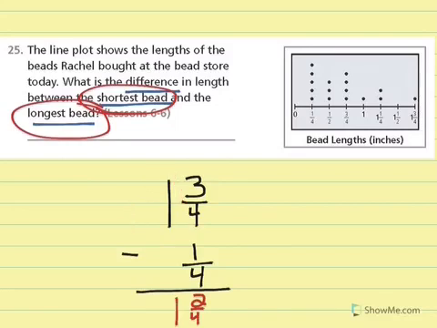Okay, so you could have said the difference is 1 and 2/4 inches. Or, if you simplified, which I saw several of you did, you could have said 1 and 1/2 inches. Make sure you label with inches.